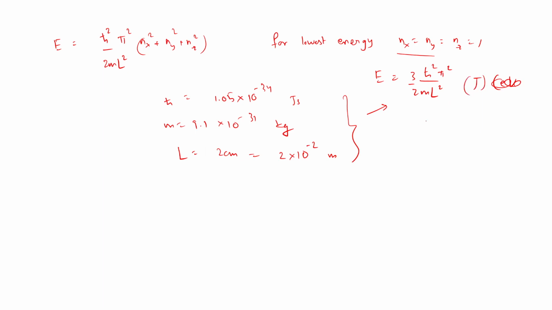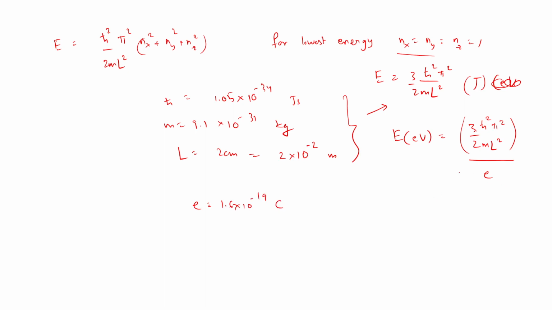To convert it into electron volt, you have to divide it by the electronic charge, which is 1.6 into 10 to the power minus 19 coulomb.